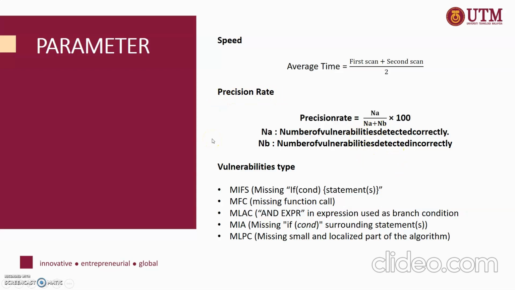For the vulnerability types, there are 5 criteria that each scanner must fulfill to get the data. The first type is a missing if construct statement. The second is a missing function call. The third is an expression used as a branch condition that is wrong. The fourth is a missing if construct surrounding statements, and the final one is a missing small and localized part of the algorithm.